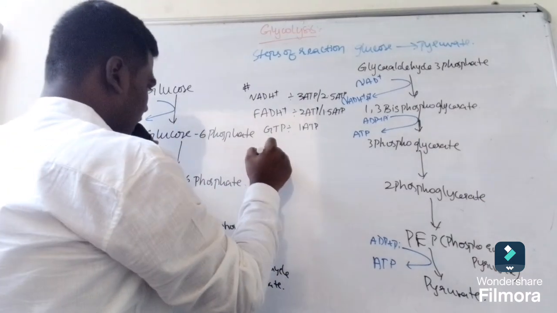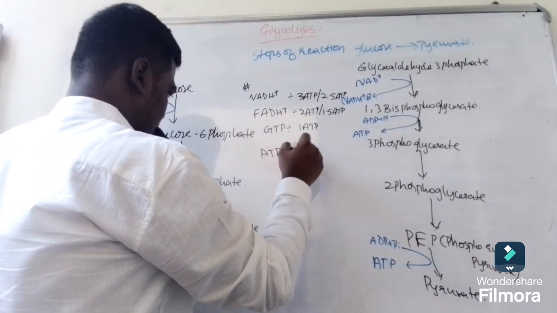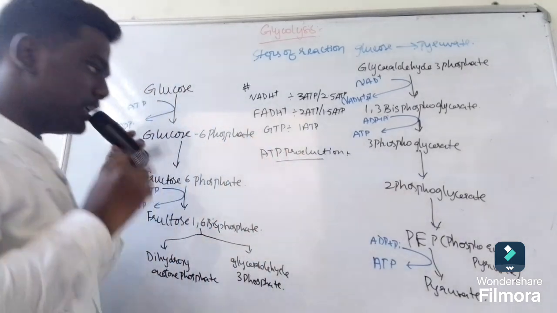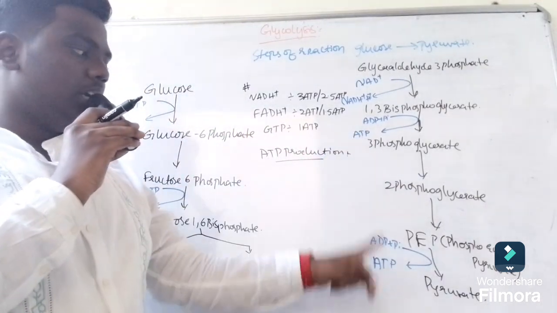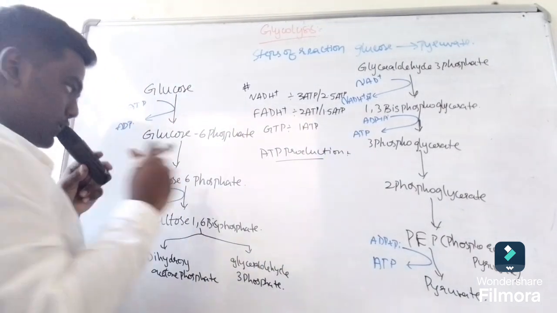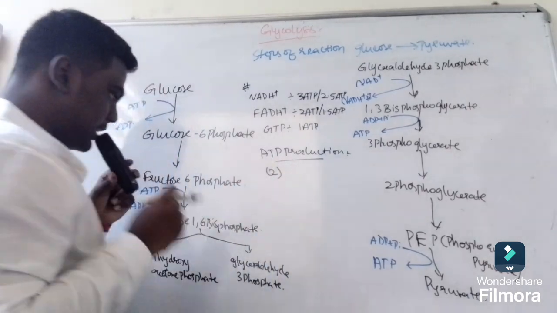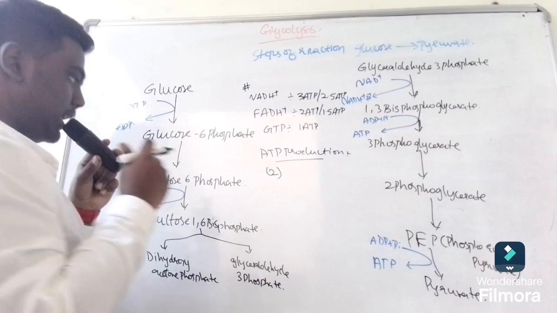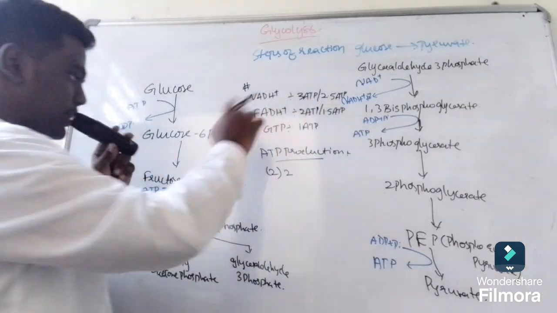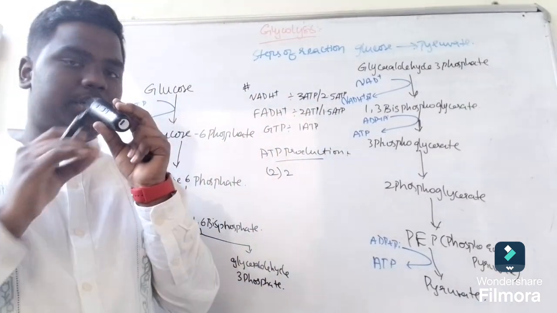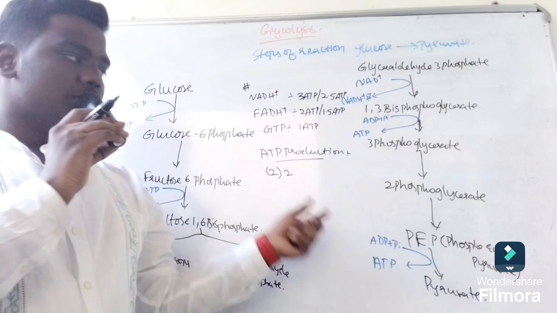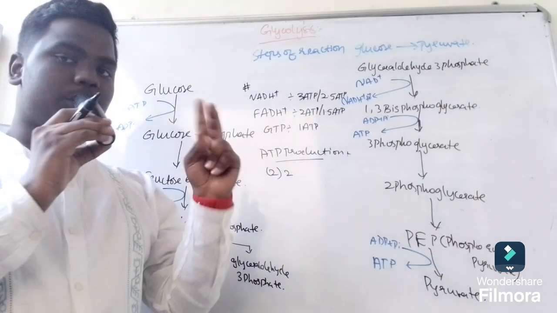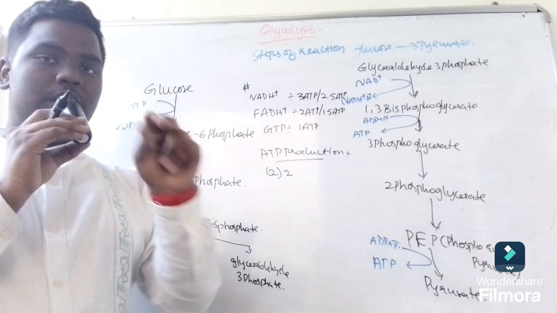Talking about the ATP production, there are 2 ATPs produced. But I also said that this will occur 2 times, so in the other reaction you will be getting ATP at these positions again. So I am multiplying these 2 ATP by 2, because they are occurring 2 times.